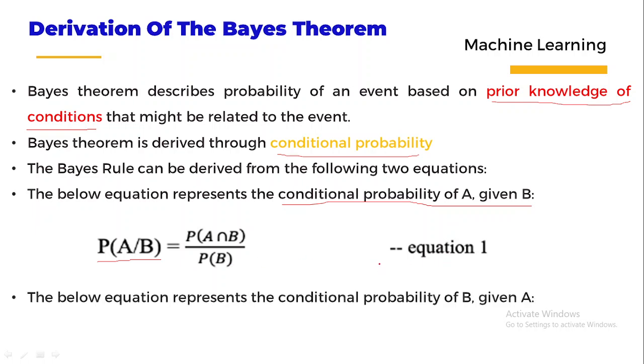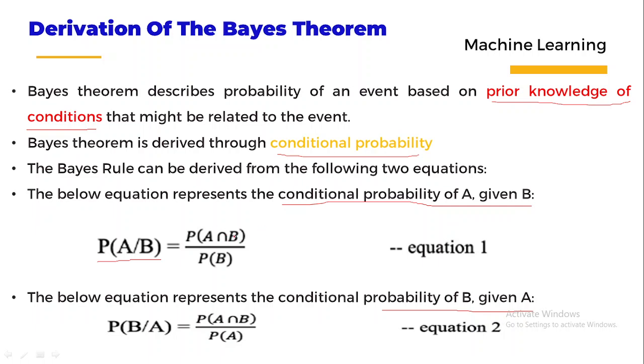Now we calculate the conditional probability of B given A, so in reverse. The probability of B given A is equal to probability of A and B divided by probability of A. This is equation number 2.